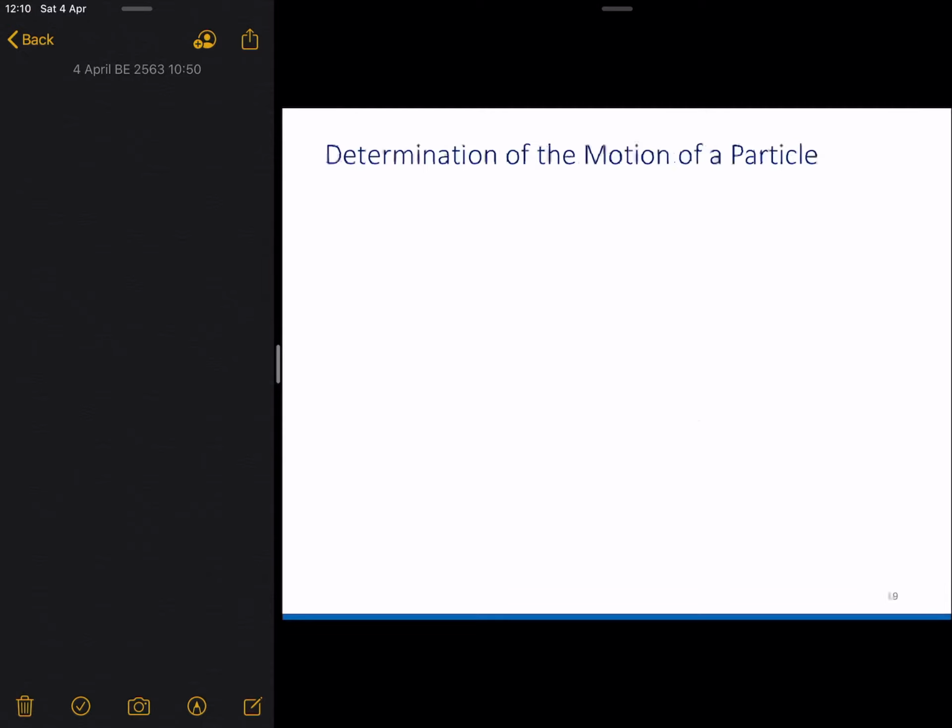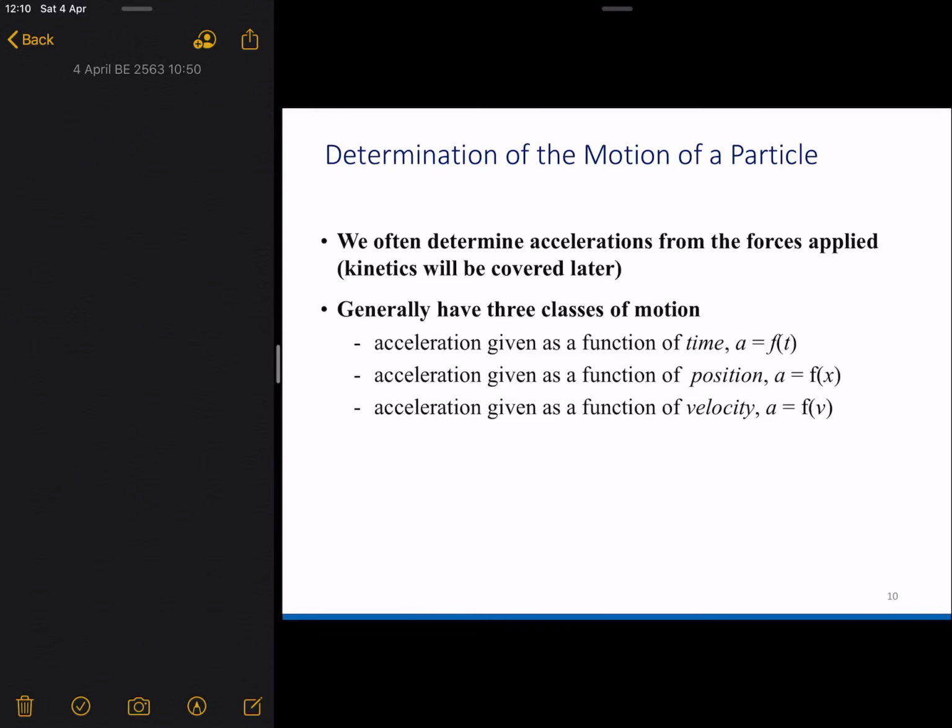Next is determination of the motion of particles. This is now very interesting: we often determine the acceleration from the force applied. For example, if we have an object here, and a human pushing this, this induces the force.